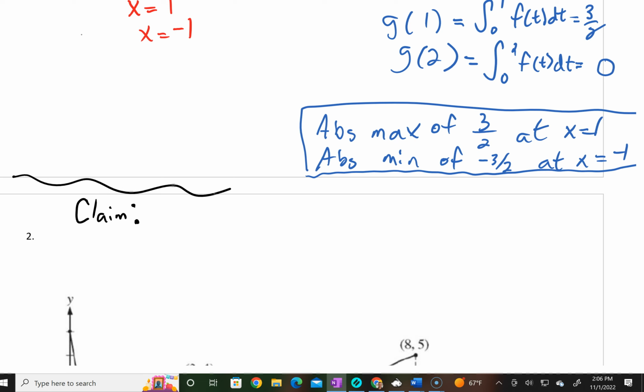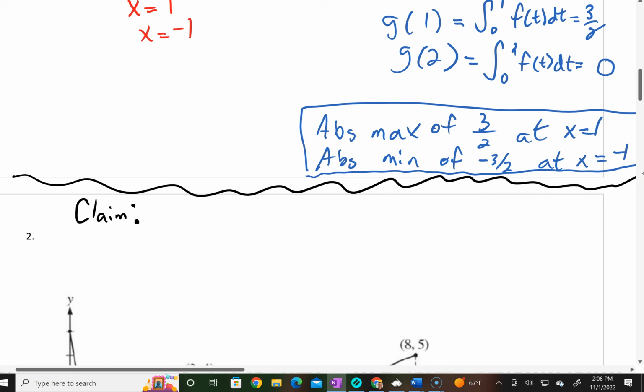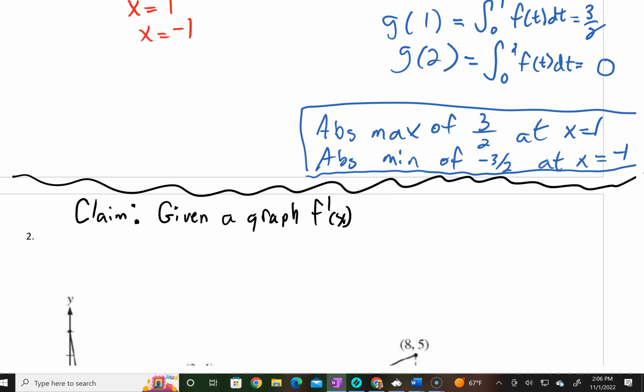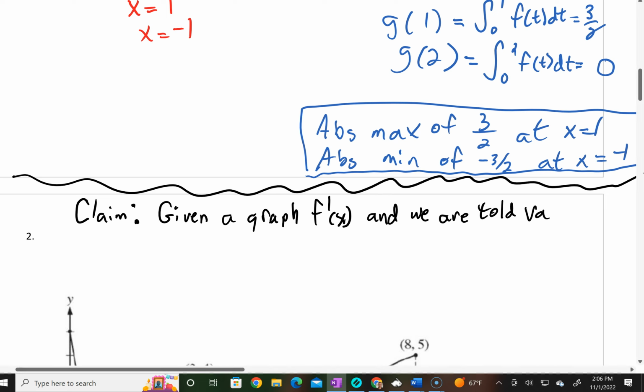Here's a claim that if we are given information, like let's just say that we have a graph f prime of x, and we are told the value of a function f somewhere. I'm going to call it f of c. And c is just some x number. It could be any x number.